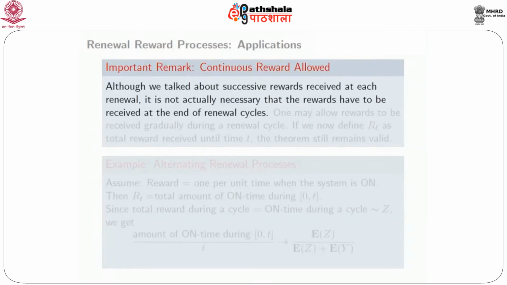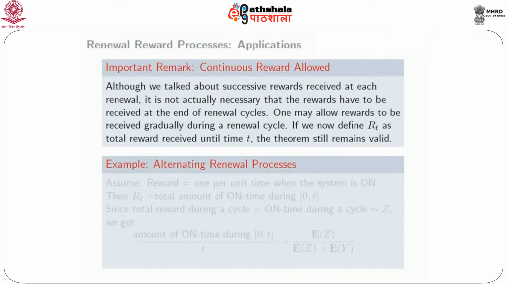So, important remark, we are just going to apply this result. Even though we might have given the impression that we get the reward at the end of a cycle, frankly speaking, it's not necessary. Although we talked about successive renewals, it is not actually necessary that the rewards be received only at the end of the renewal cycles.